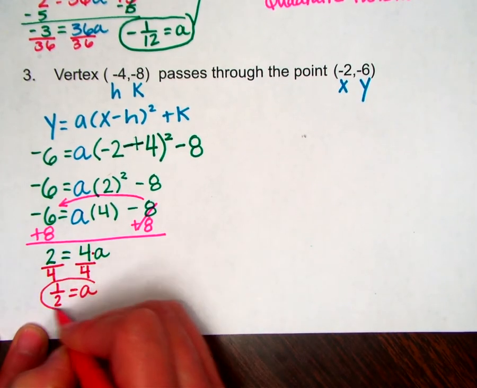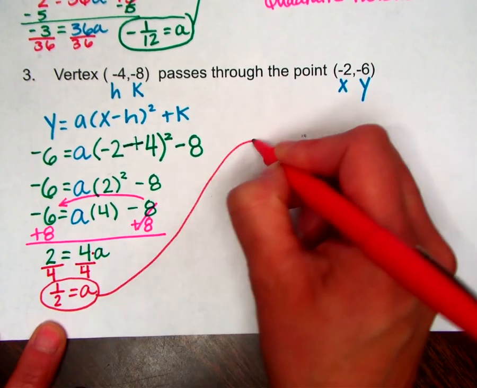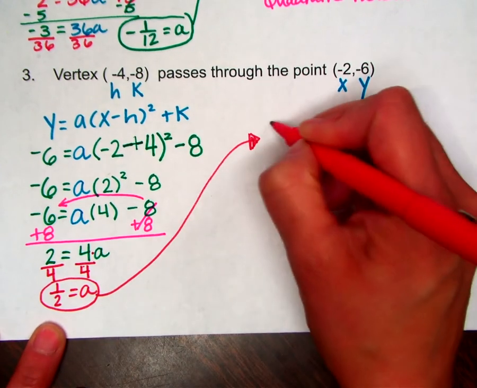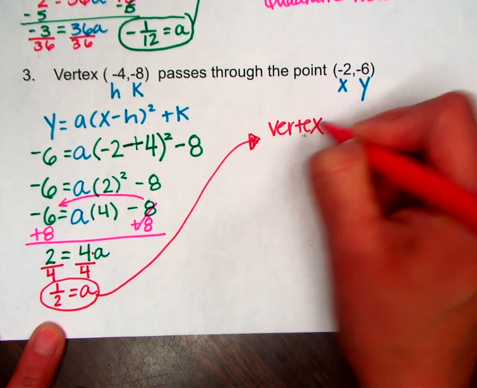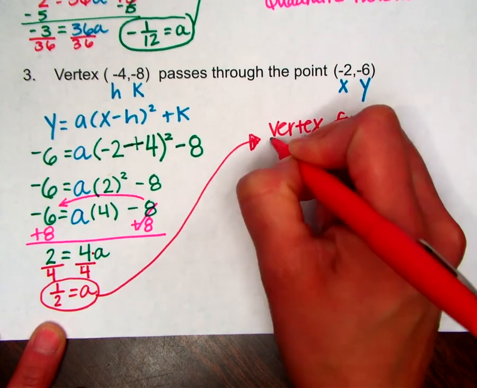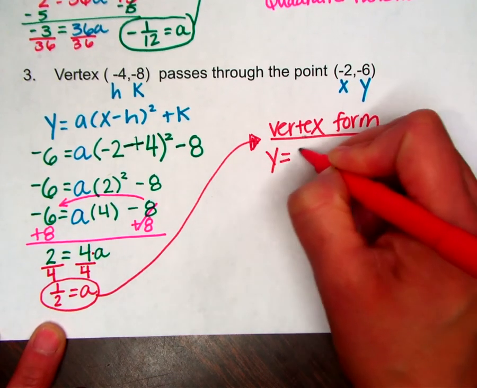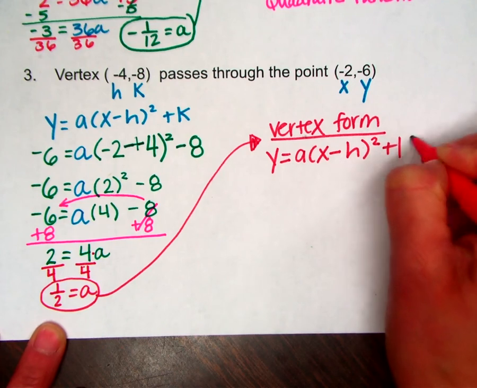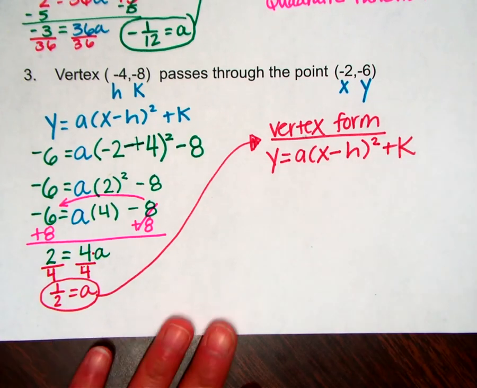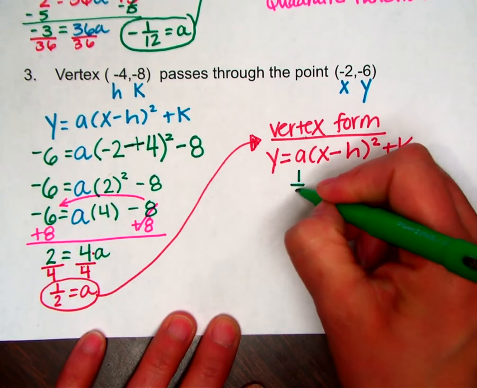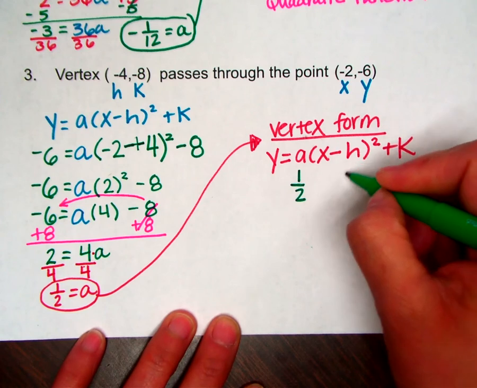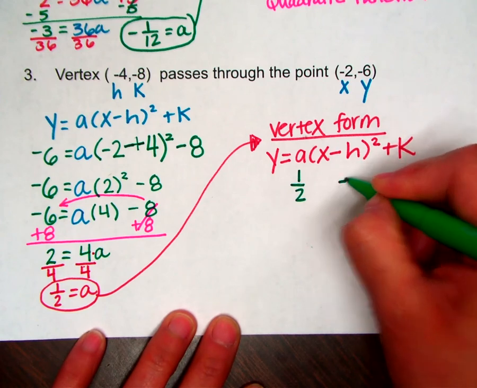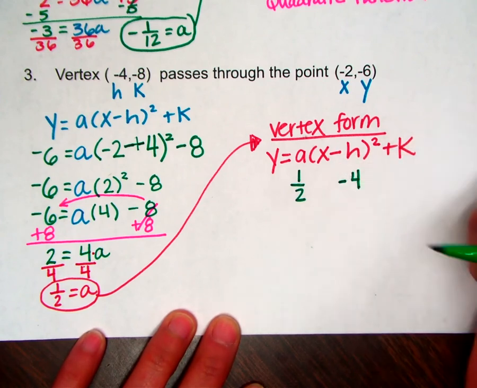So if a is 1/2, I'm going to use this to substitute back into my vertex form, and vertex form is going to be y equals a times x minus h squared plus k. I know that a is 1/2. I know that h is negative 4, so when I plug in a negative 4, my sign will change.